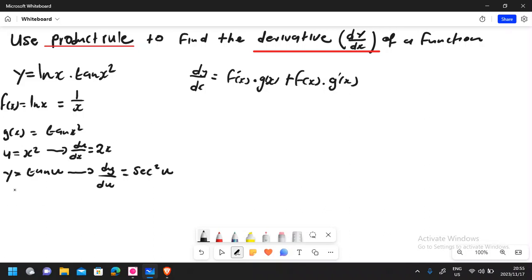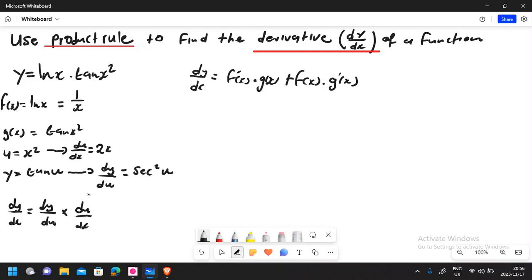Now let me show you the derivative using the chain rule. So dy over dx. We know that the formula for the chain rule is dy over du multiplied by du over dx.